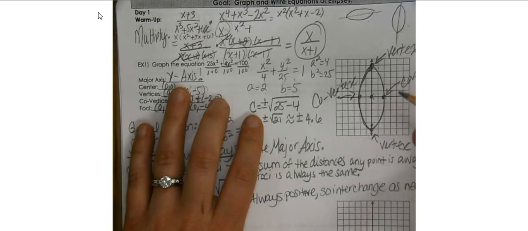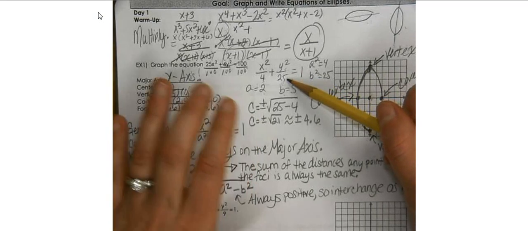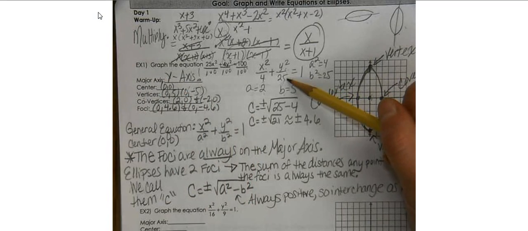So once again, what you want to do is identify which axis is going to be your major axes. Your major axes is going to be based on which fraction has the larger denominator. In this case, y squared had the larger denominator. Y-axis wins. Your center is going to be 0, 0 because there's no h and k that we can see yet.